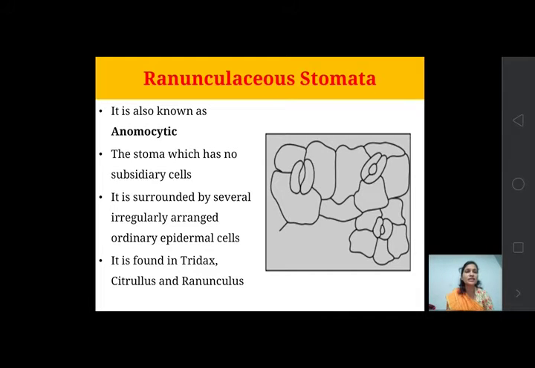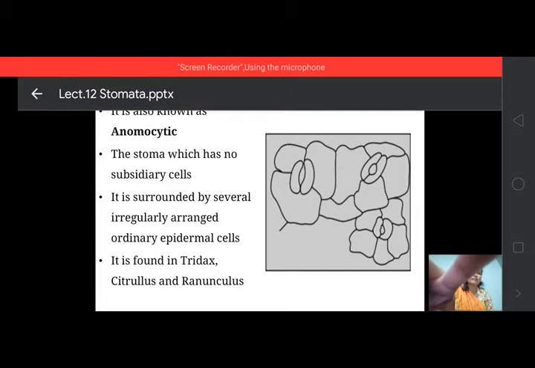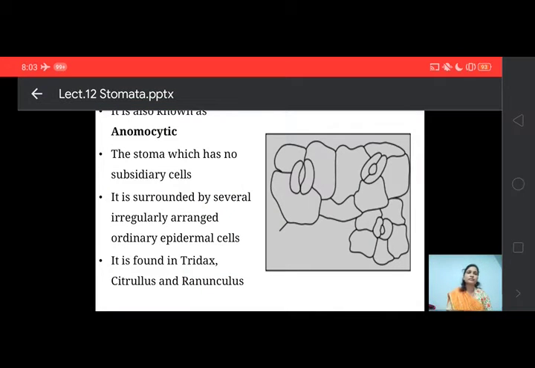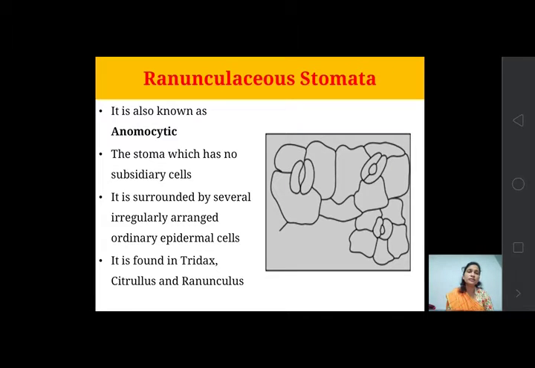First one is ranunculaceous stomata. It is also known as anomocytic stomata or irregular celled stomata.